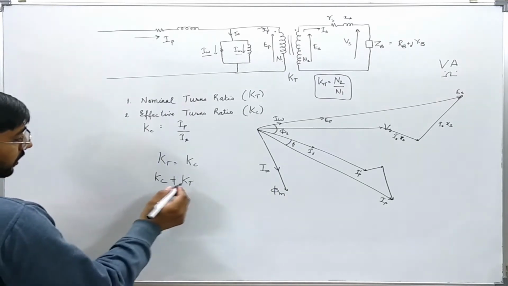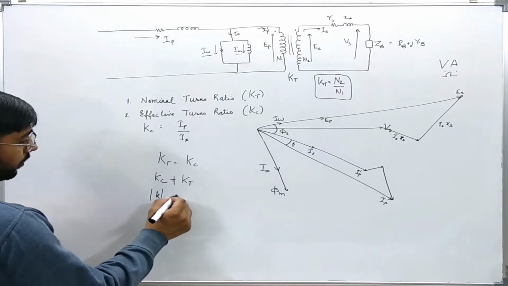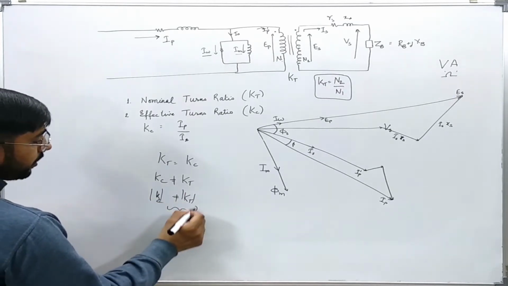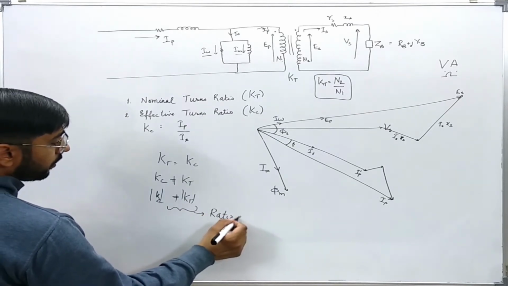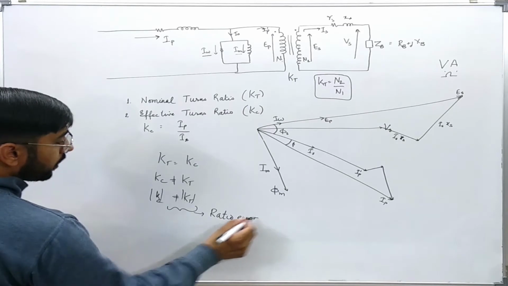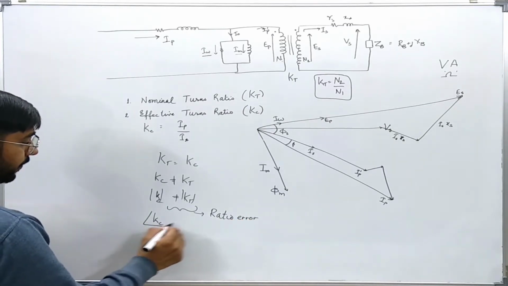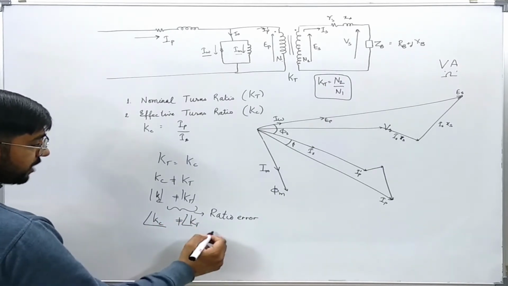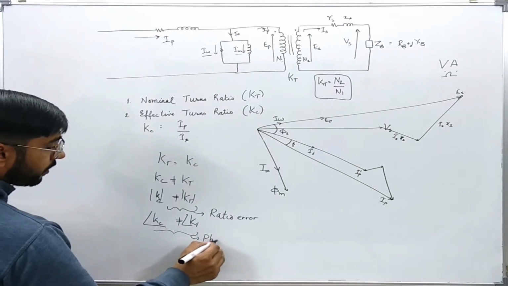So the difference in the magnitude gives rise to the ratio error, and the difference in the angle gives rise to the phase angle error.